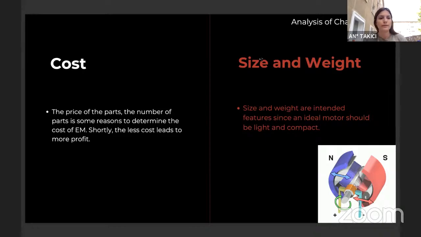Shortly, less cost leads to more profit. Size should be small and weight should be light, not so heavy, because electric cars are generally lighter and simpler than internal combustion engine vehicles. An ideal motor should be light and compact.